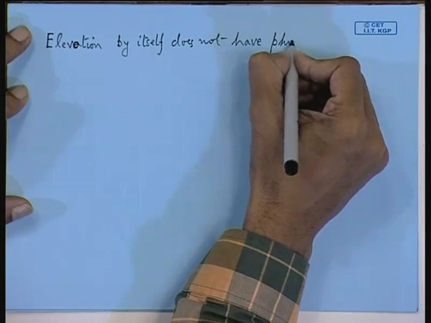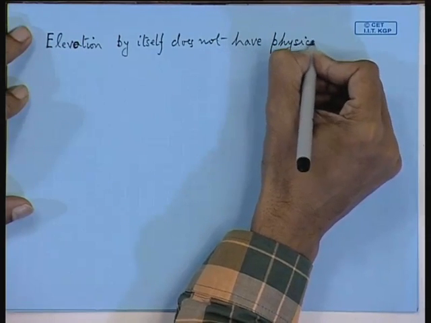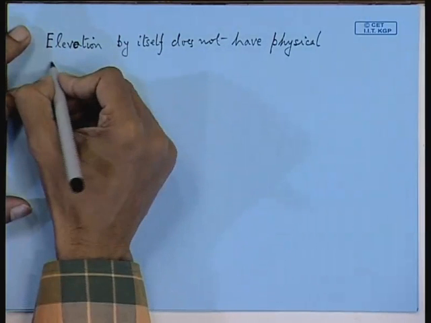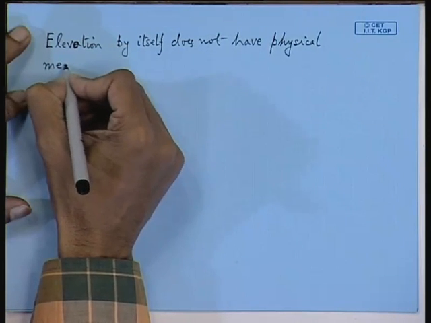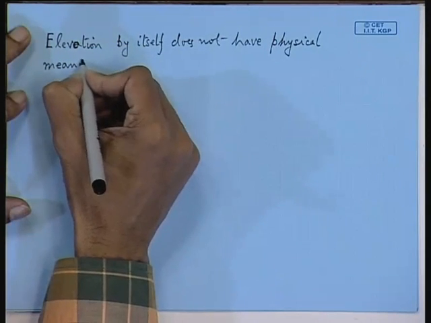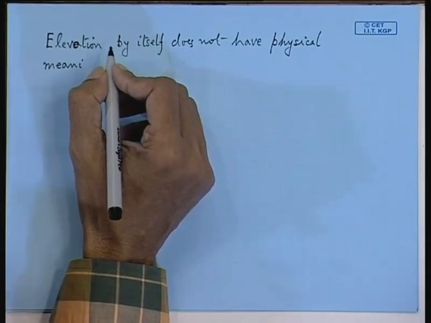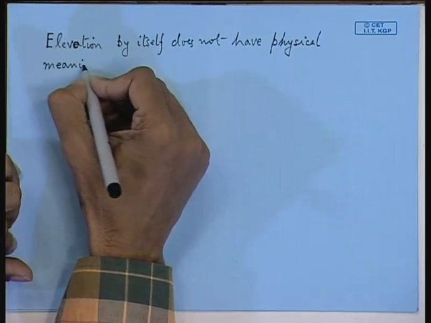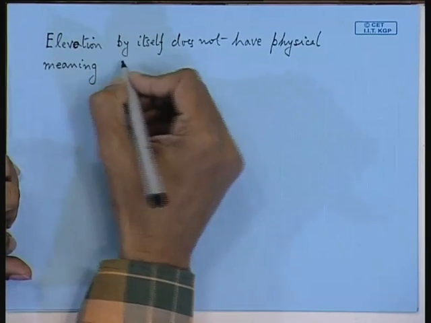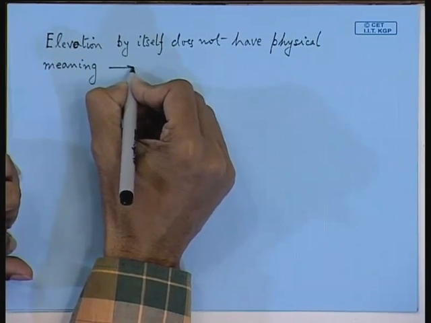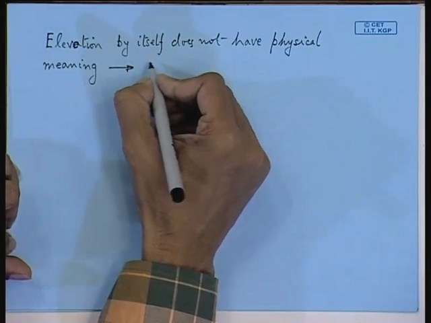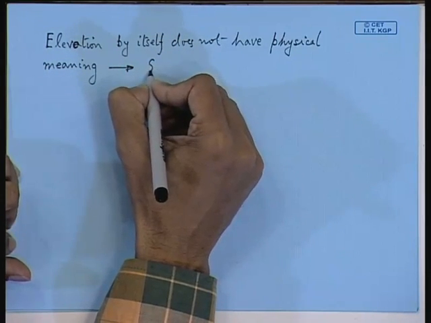Why? Because you will find that if you take the sum of the amplitudes and the mean of the sum, they are not the same. So, what you do is, you go for the square of the amplitude.